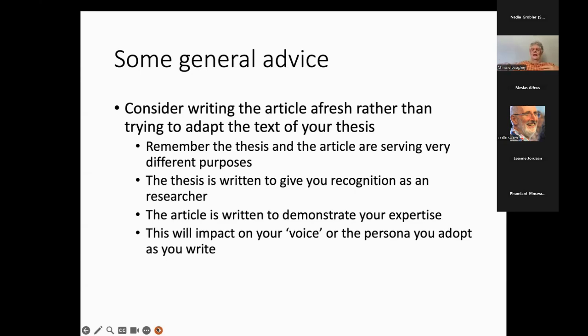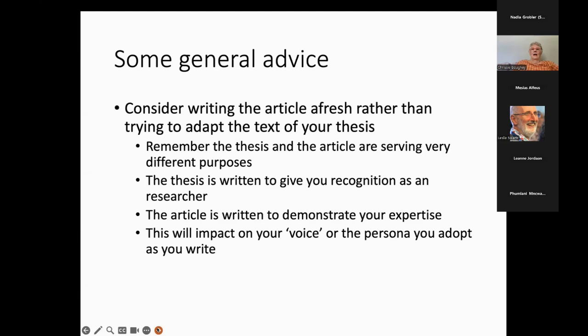And this will impact on the voice or the persona you adopt as you write. So in the thesis, you're trying to demonstrate that you're worthy of the title doctor. Once you're writing an article, you've got the title doctor, you've been recognized as worthy of carrying that title. So therefore, you can be more authoritative.